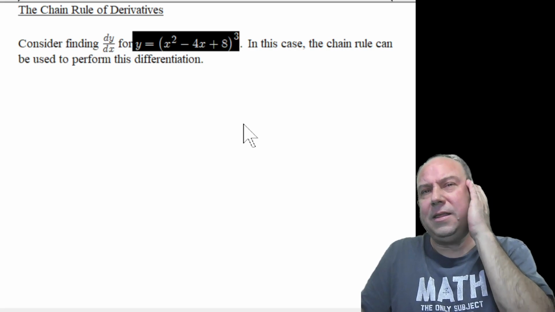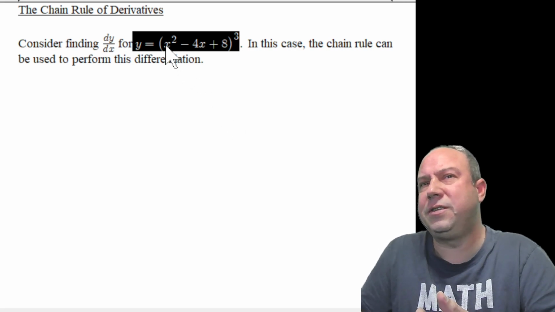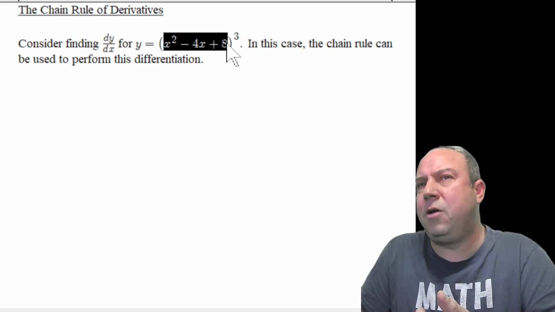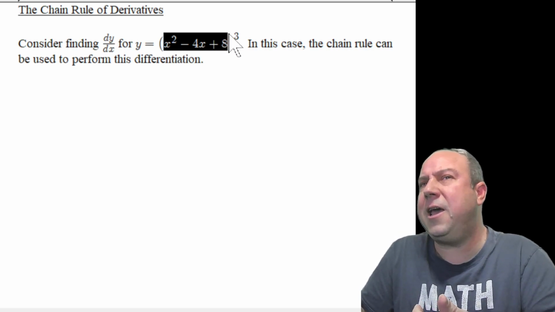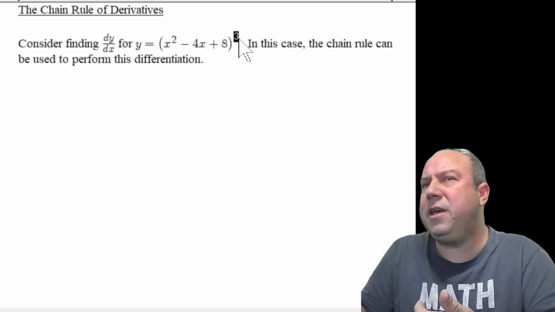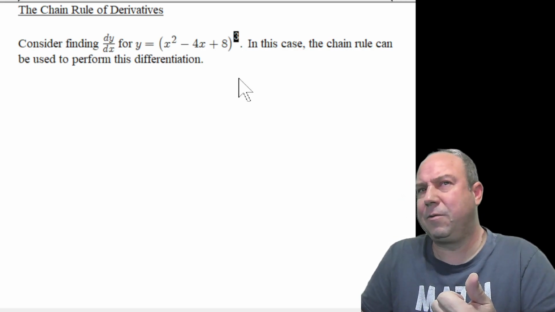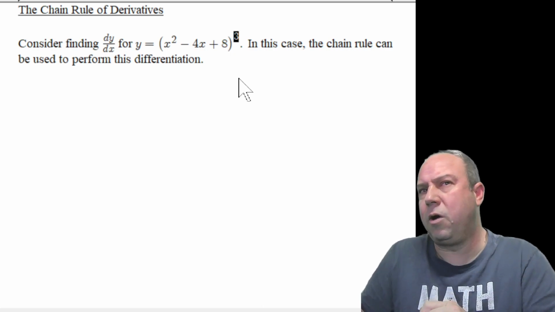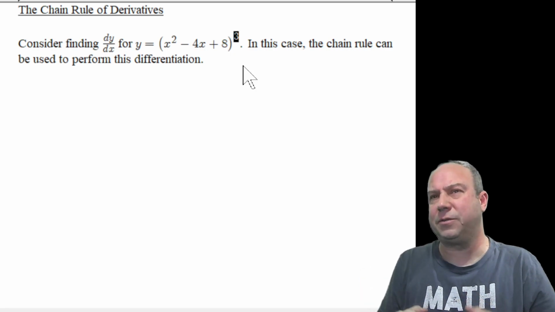This is a case where we do have a composition of two functions. We have the quadratic function x squared minus 4x plus 8 composed within a cubic function. We have this composite of two functions.